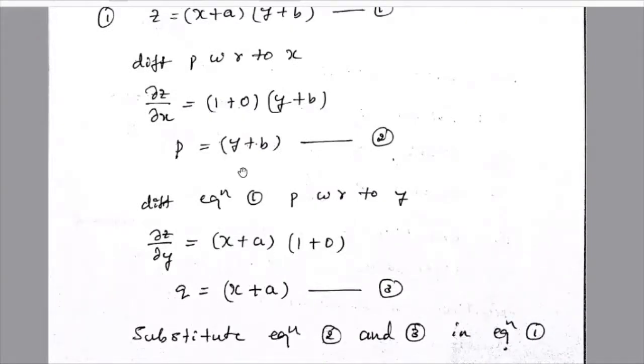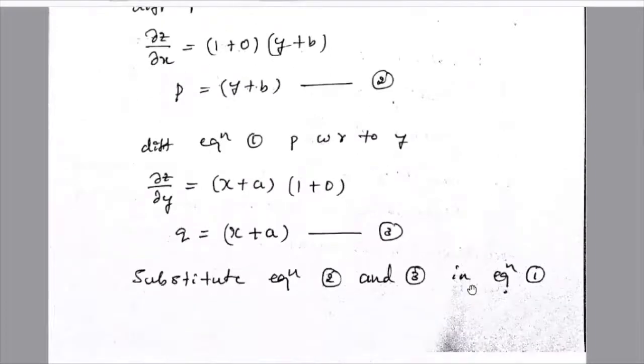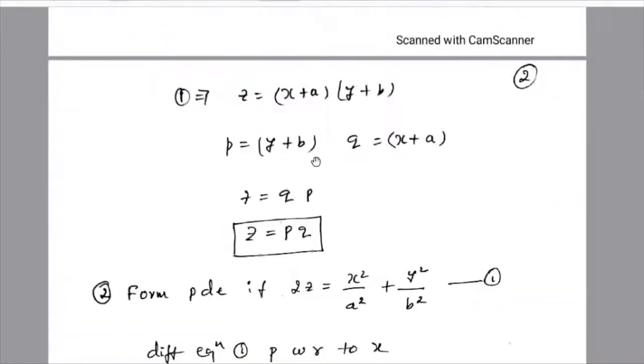Now we have differentiated the given function with respect to x and y. Now we will substitute these two, y plus b and x plus a, in the given function. So z equals x plus a into y plus b. y plus b is p and x plus a is q. Therefore, z is equal to pq. This will be the differential equation corresponding to the given function.